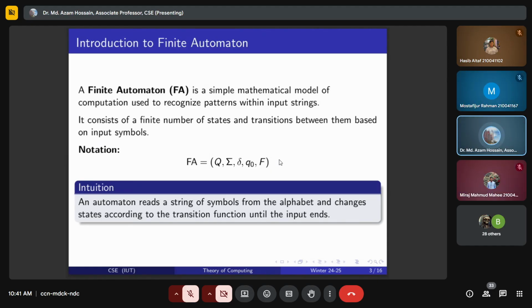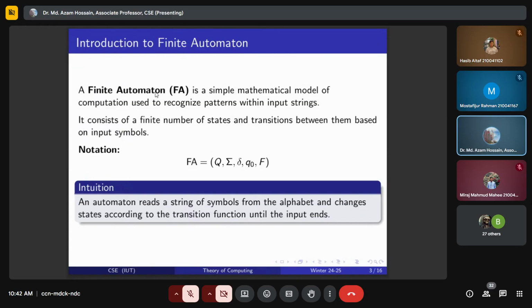So last class, we were talking about the finite state machine or FSM, also called finite automata. It is a simple mathematical model, or computation model, for computing to recognize some pattern within an input string.